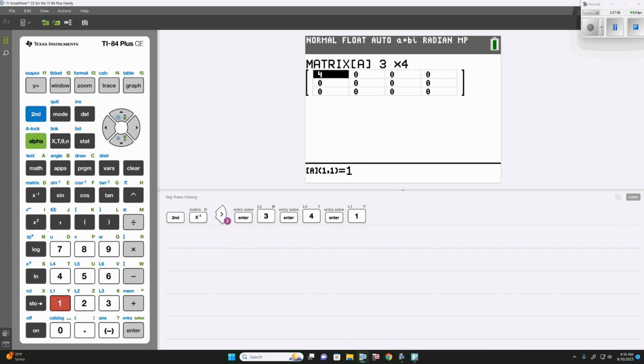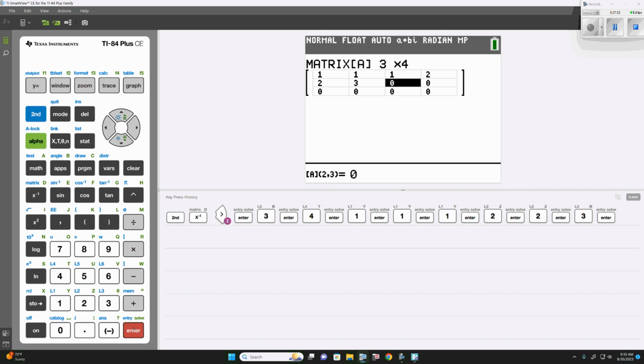So I'm going to hit 1, enter, 1, enter, 1, enter, 2. Do the same thing for the second row. I hit enter, so it goes to the next one. And we have 2, 3, 1.